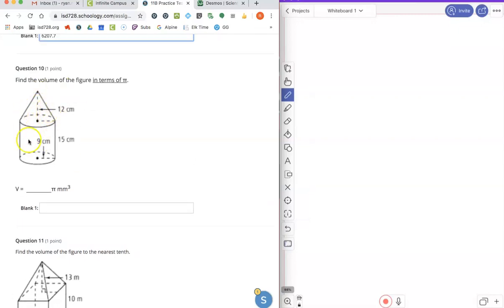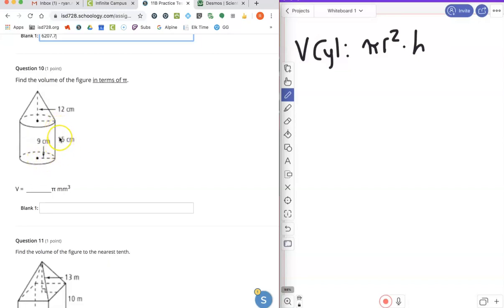There's a cone here and there's a cylinder. If I want to find the volume of them, this is easier than the surface area version, because with surface area I had to think about what was on the surface and what was on the inside. I'm just going to take the volume of the cone, the volume of the cylinder, and add them together. Okay, so first thing I need to do, it doesn't matter what order, I guess. Let's do the volume of the cylinder first. That has a formula of pi r squared times h. They told us r is 9.